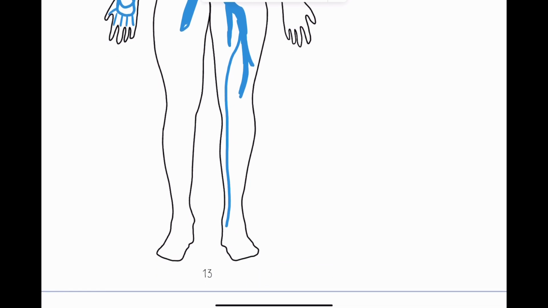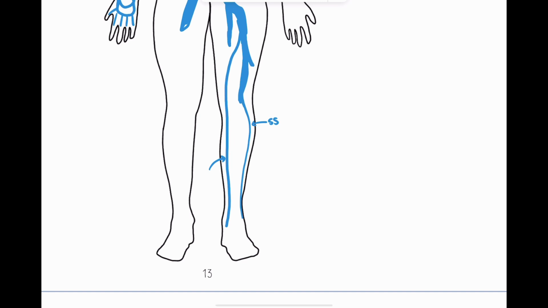Now this is where it gets there's a lot more vein work happening in the leg area. So we're gonna take a second and kind of go. So the great saphenous is on the medial aspect. The small saphenous is going to be the opposite. It's going to be on the lateral aspect. So the most lateral aspect, that's going to be the small saphenous. I'm going to write SS, small saphenous.